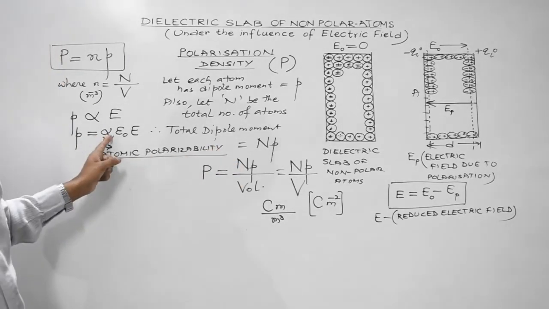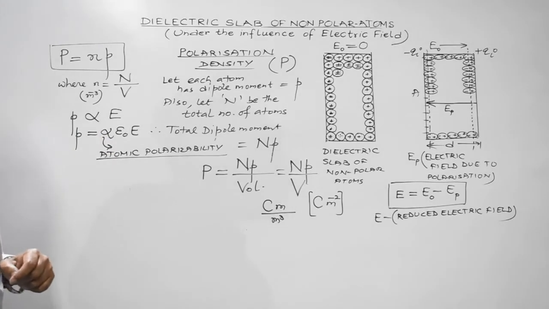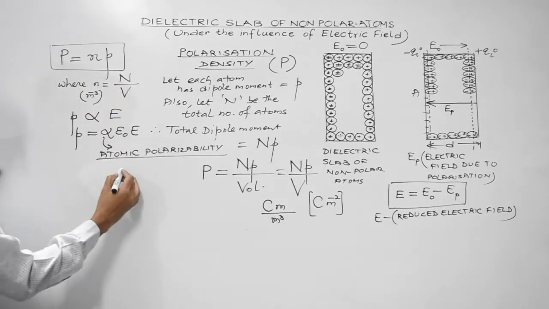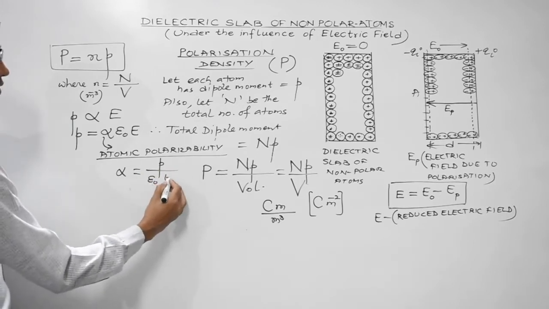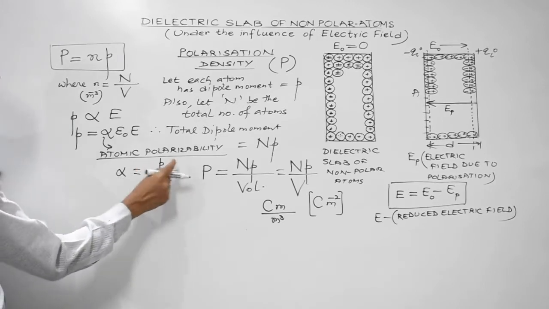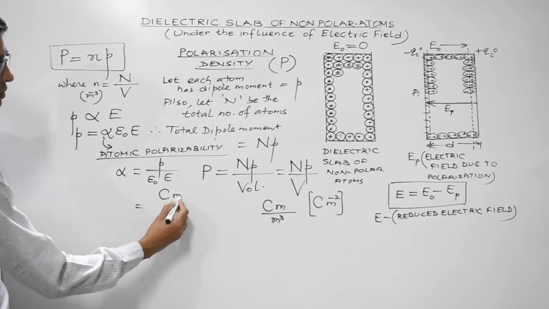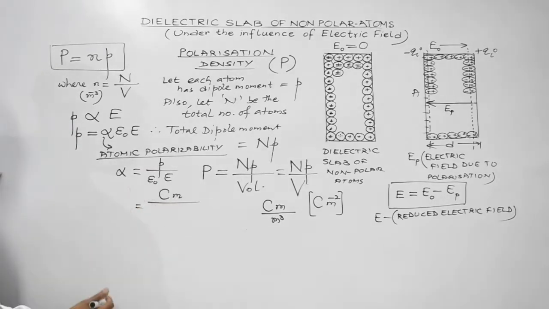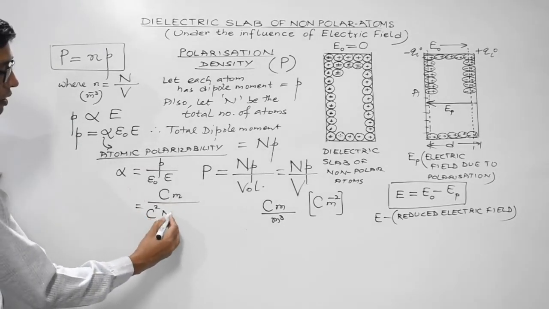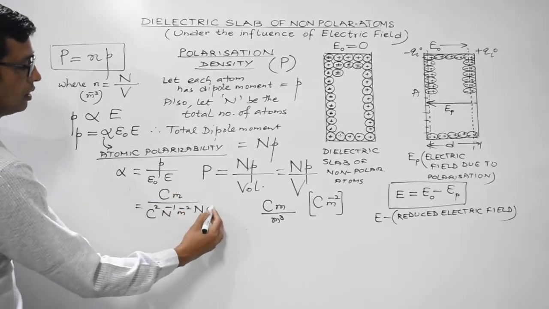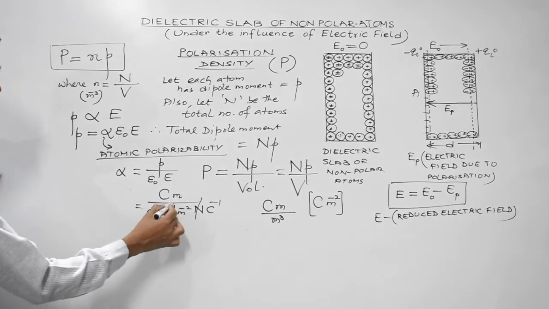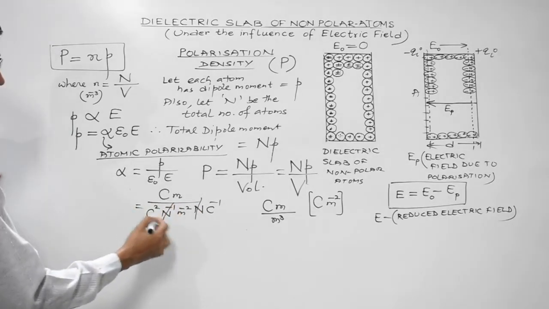You can find its SI unit. Let's find it. Alpha is equal to p divided by epsilon E. Let's check it out. The SI unit of p is coulomb meter. Epsilon is coulomb square per newton per meter square. Electric field is newton per coulomb. Newton per newton gets cancelled, right?